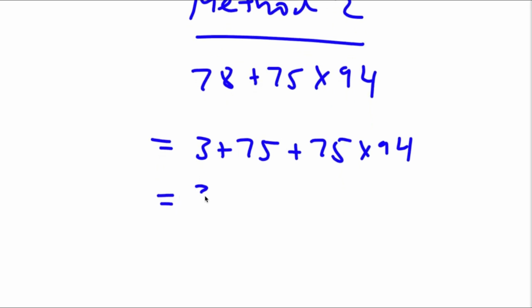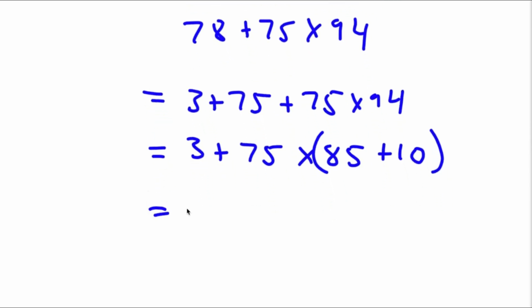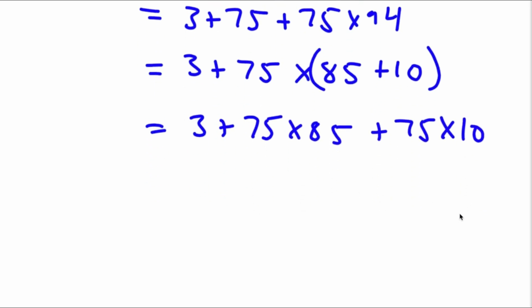And now I'm going to rewrite this as 3 plus 75 times 85 plus 10. Now this is equal to 3 plus 75 times 85 plus 75 times 10.